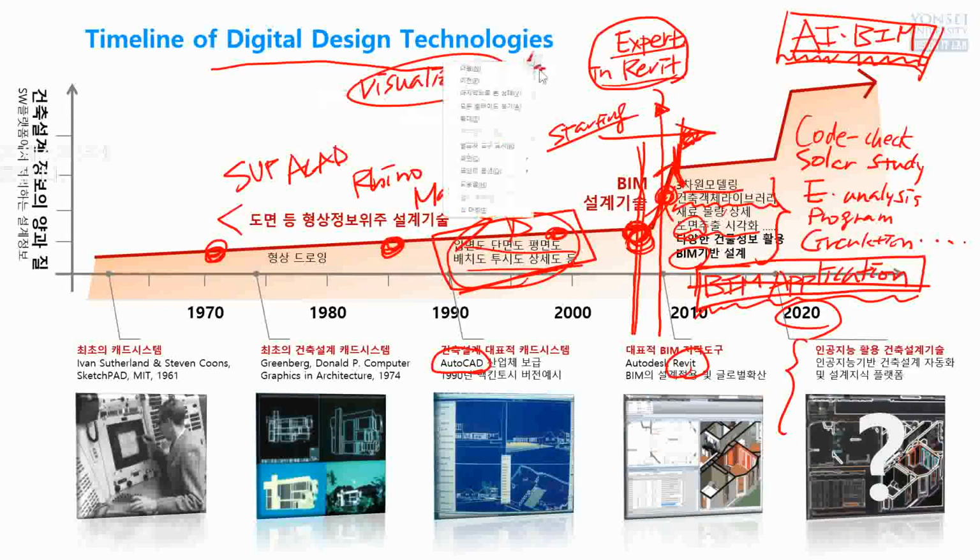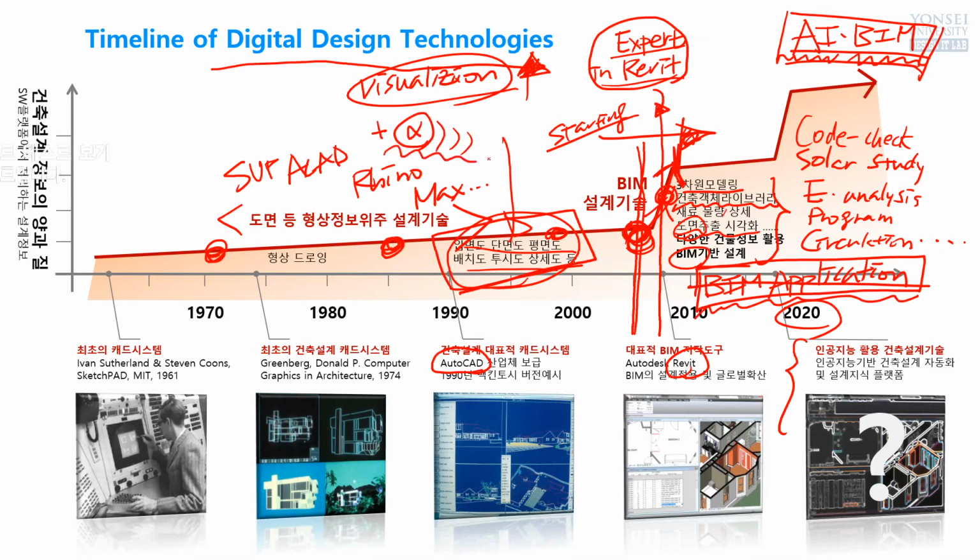Of course, this is very critical. I know that, but there are something more, a lot more actually. So we take a look at a little bit more focus on these other things. They are BIM application. Okay, here AI adds some advanced things.